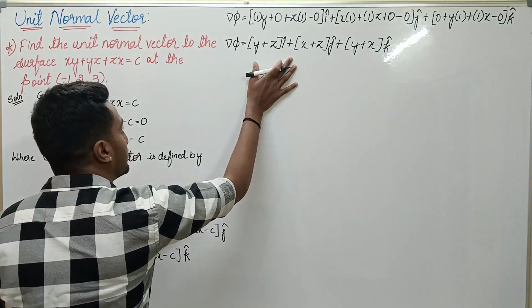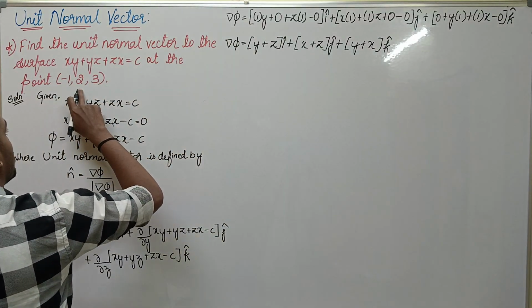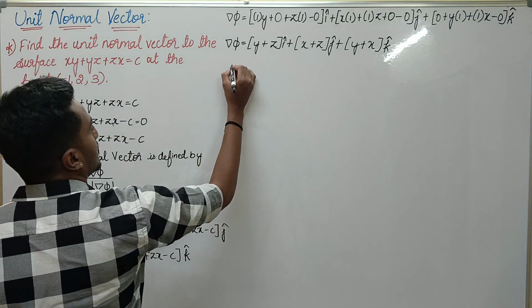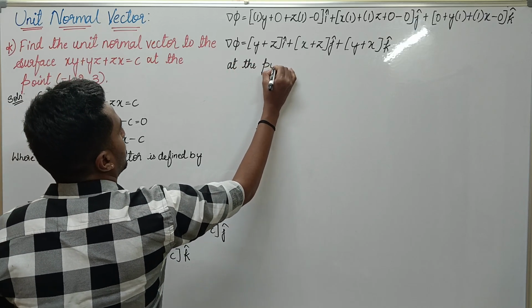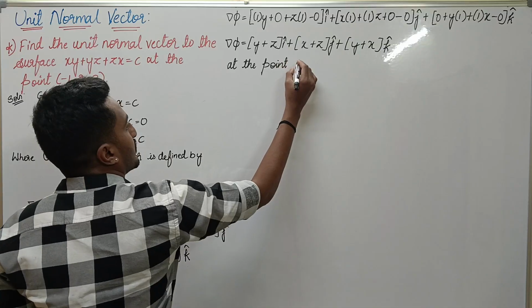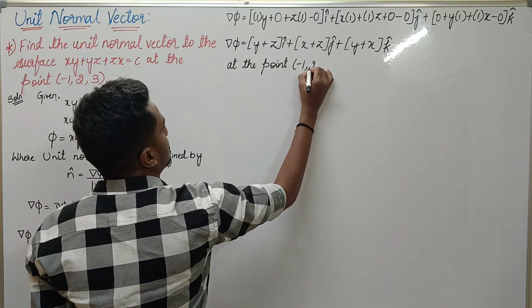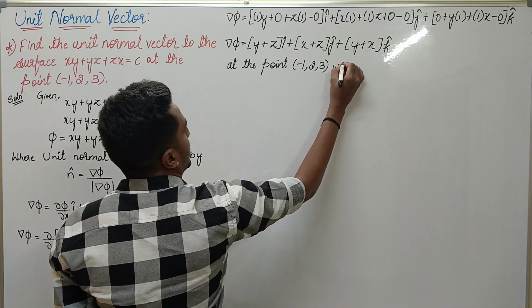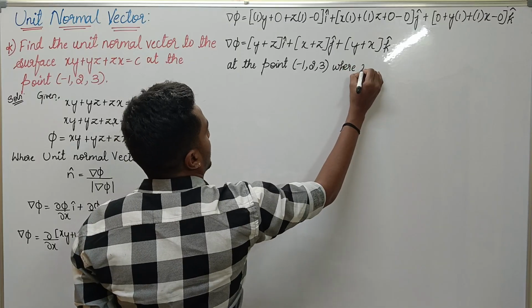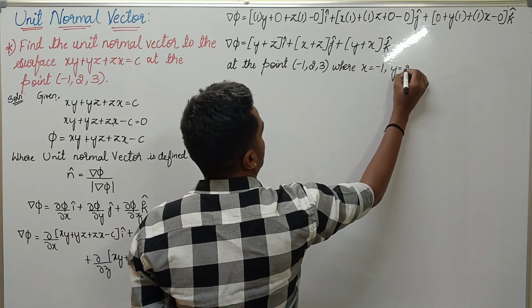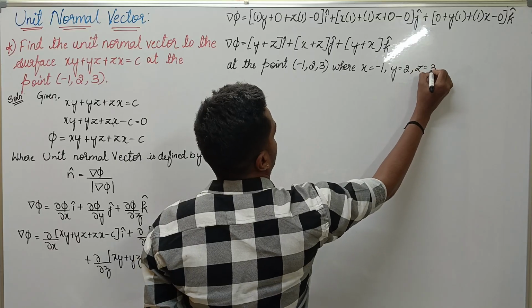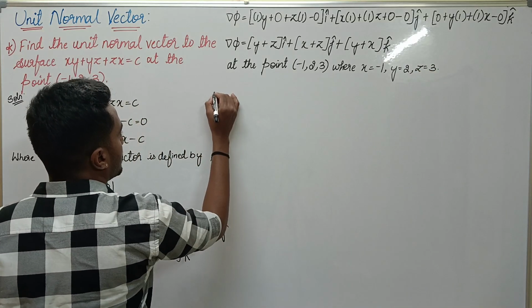For this gradient phi, I am going to apply the point minus 1, 2, 3, where x equals minus 1, y equals 2 and z equals 3. Now substitute.